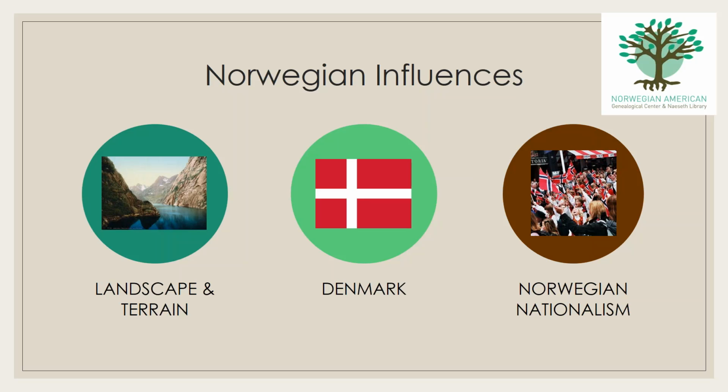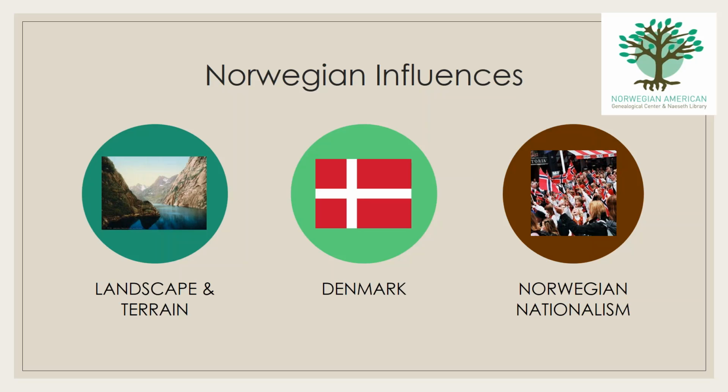Another group strongly believed that it should not be influenced by Danish at all, and it should be more true to the language spoken in some of those secluded communities in Western Norway that didn't have any Danish influence, which would be a more quote unquote true Norwegian language. Because of this push and pull between these different groups, we see some difference in the way things were recorded for many, many years.